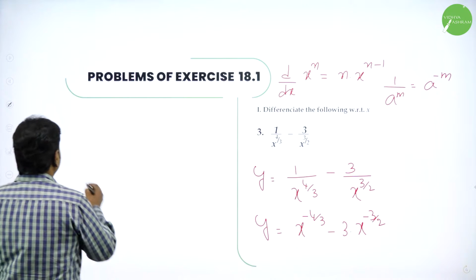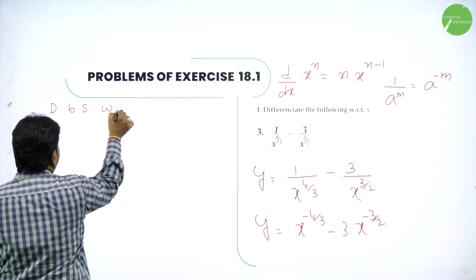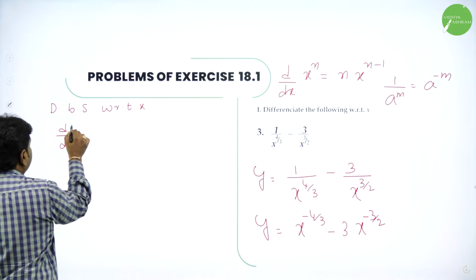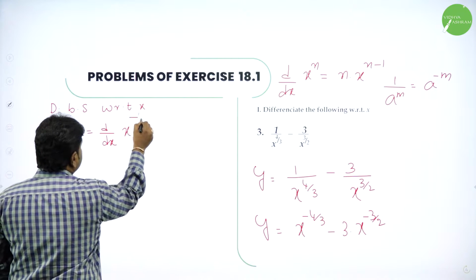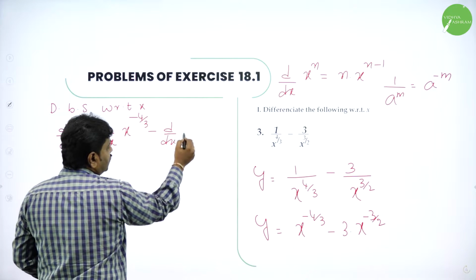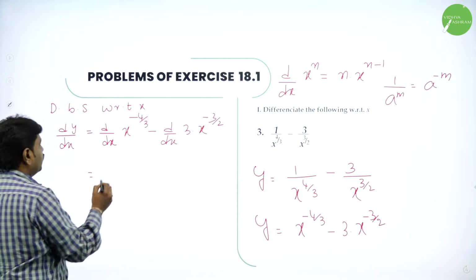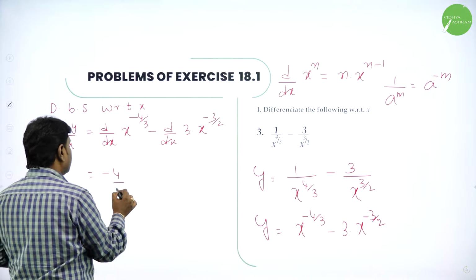Now we'll differentiate. So now differentiate both the sides with respect to what? X. If you do, LHS becomes d by dx of y and RHS becomes d by dx of x power minus 4 by 3. In between we have minus d by dx of 3 into x power minus 3 by 2. That is, now it is in the form of x power n. What is derivative of x power n? N into x power n minus 1.